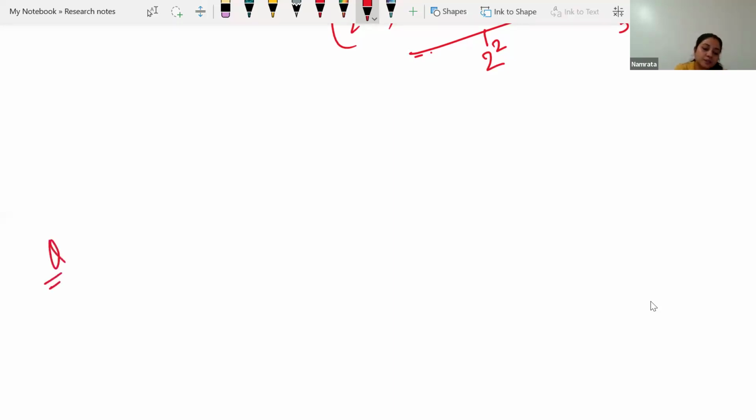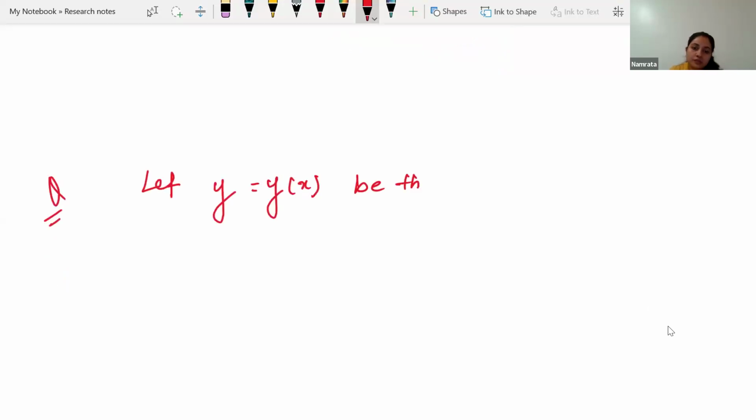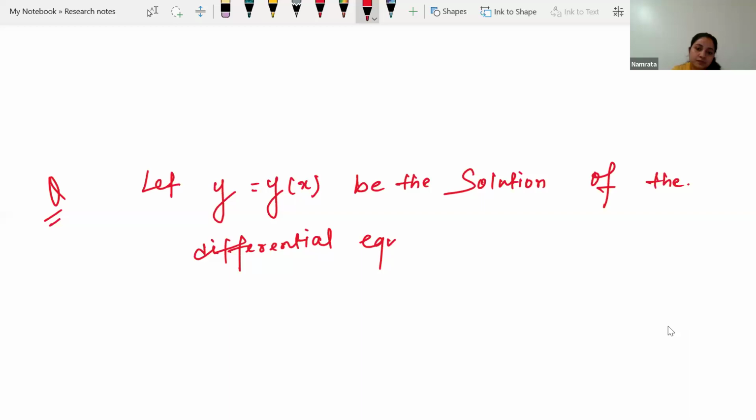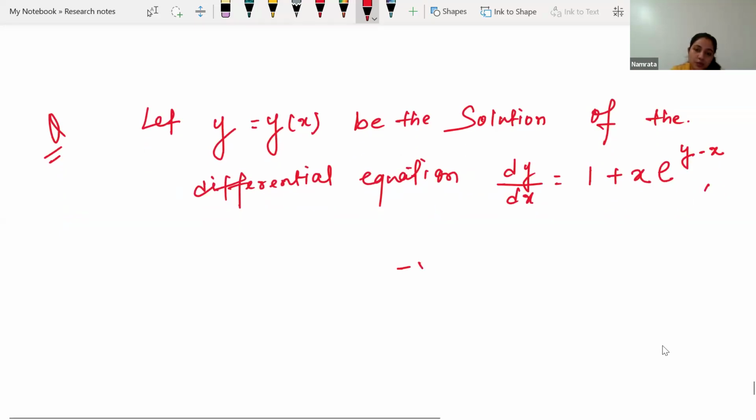One of the questions is like this. Let y of x be the solution of the differential equation dy by dx is equal to 1 plus x e to the power y minus x, where x lies in between negative root 2 to positive root 2.